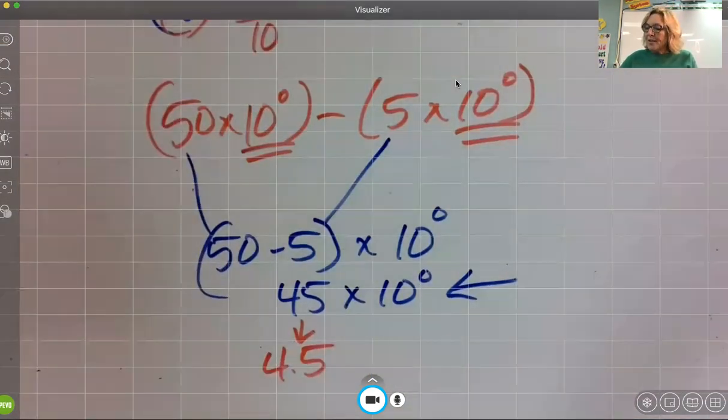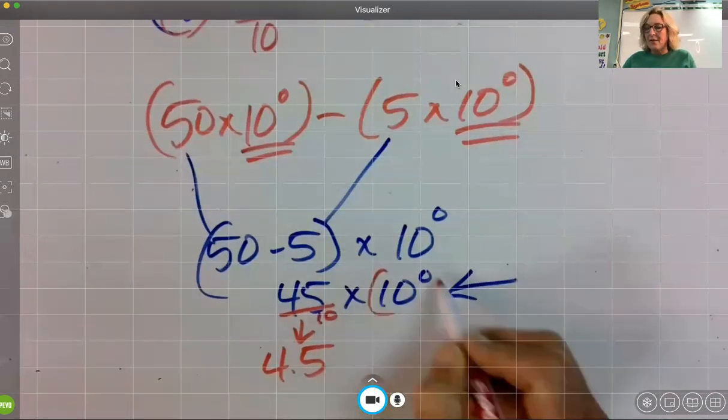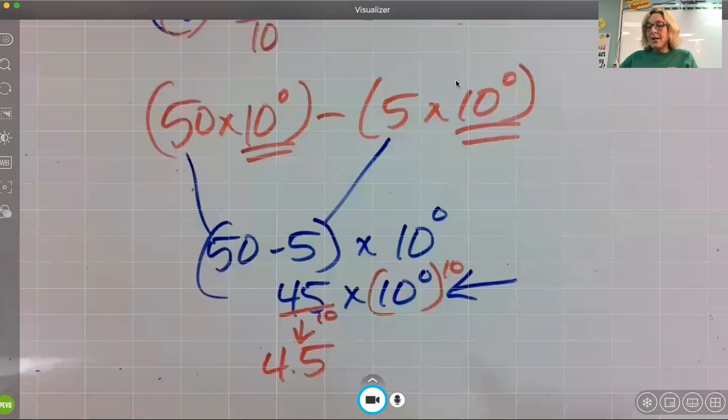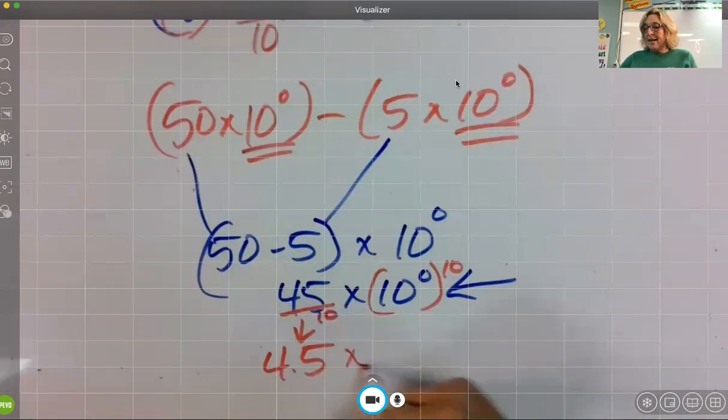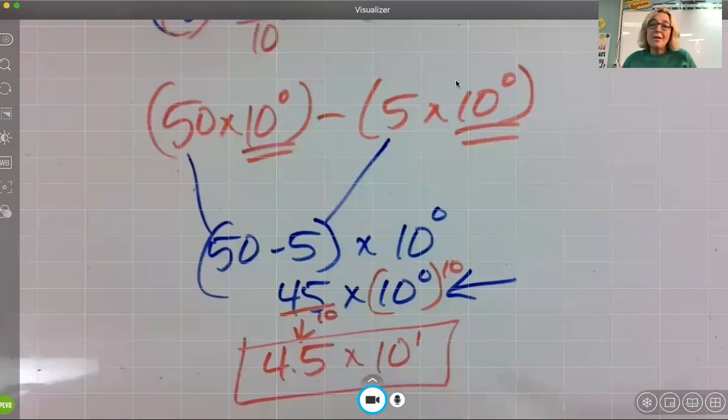So in order to do that, we would have to divide that quantity by 10. And if we're going to divide that quantity by 10, we're going to multiply the other factor by 10. So 10 to the 0 times 10 would be 10 to the first power because we add the exponents. So 4 5/10 times 10 to the first power is equal to 45, which is the subtraction answer we got originally.